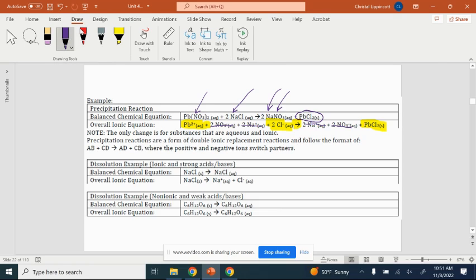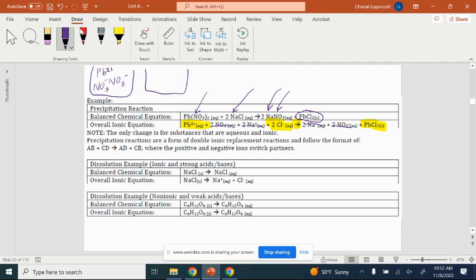Okay, so when we started out the reaction, we had 2 different containers, 2 test tubes, let's say. In one test tube, we had this stuff. So we had some lead floating around, and we had a nitrate floating around in there. These are going to be floating around as ions.